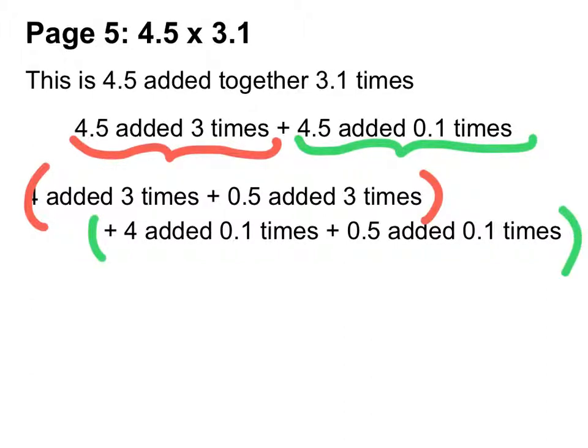So now that's 4 added 1/10 of a time and then 0.5 added 1/10 of a time. I really want you to be able to intellectually understand those breakdowns, why that's happening. If I need to add 4 1/2 a certain number of times, I can add the 4 that many times, and then I can add the half that many times and put them together.